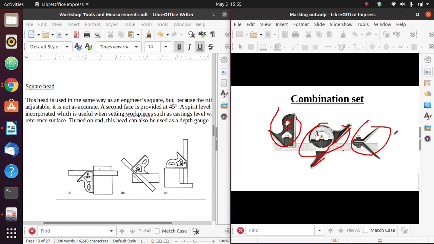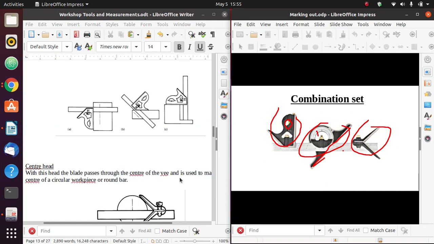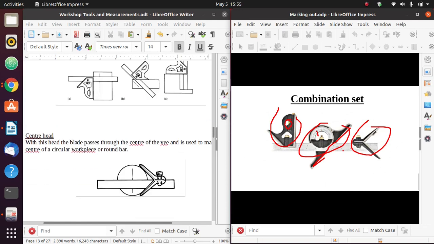We have this other head here, hapa ya tatu, which is known as a center head. Now we use this center head to establish the center lines of circular workpieces. Ni wapi katikati. So I will place a cylindrical workpiece over there, then I will be able to see the center line, the center of that workpiece.